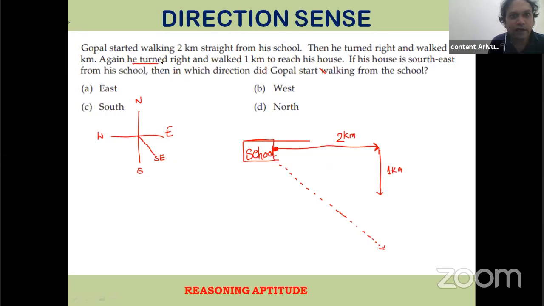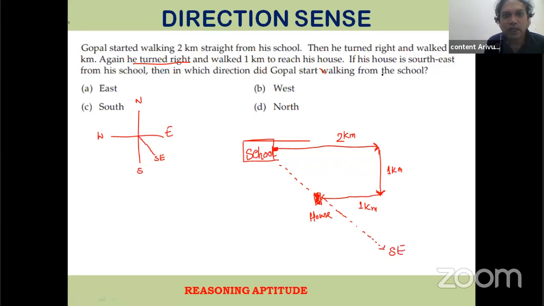If you're going down and you turn right, you'll go towards your left, the way we are looking at ourselves. Okay, you'll go towards west like this, 1 kilometer to reach his house. This is his house, which is correctly in the southeast direction.